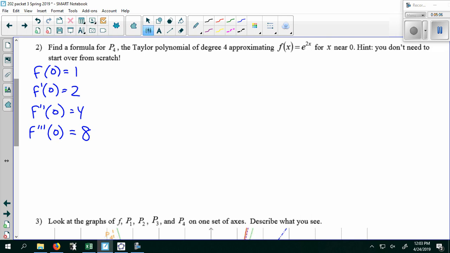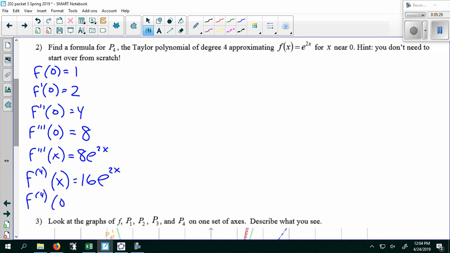And if I want to know the fourth derivative of f, I need to start from the third derivative, which I already took. F triple prime of x was 8e to the 2x. So the fourth derivative of f is 16e to the 2x, and I plug in a 0, and I get 16. So that's my only new value here.